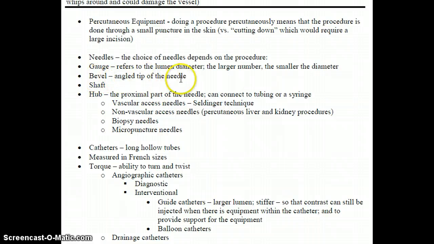The bevel is the distal angled tip of the needle, then there's the shaft, and then the hub, which is the proximal part of the needle, and it usually can connect to a tubing or syringe. Here are the different types of needles. You have vascular access needles, and when we are performing vascular access, that procedure is called the Seldinger technique.